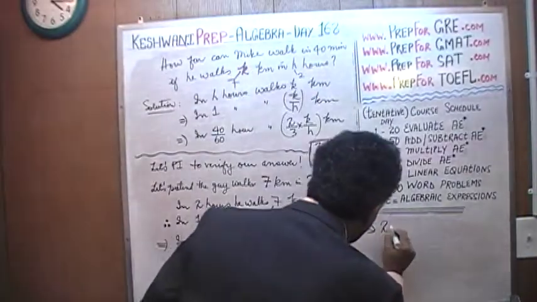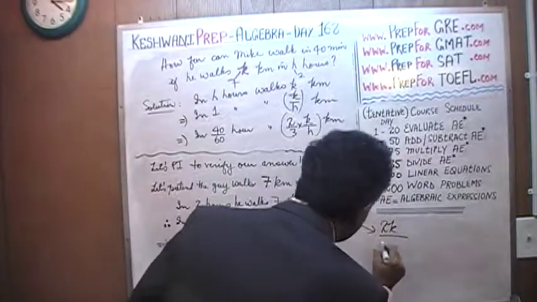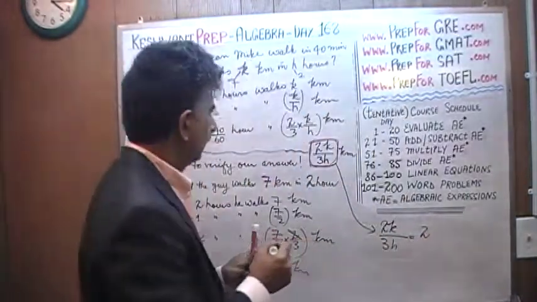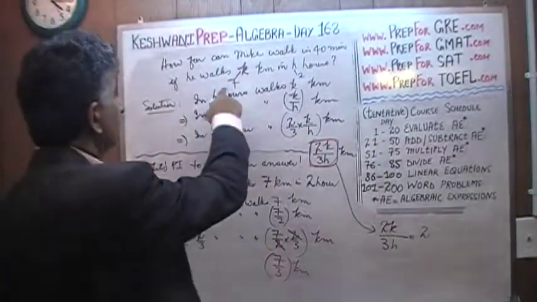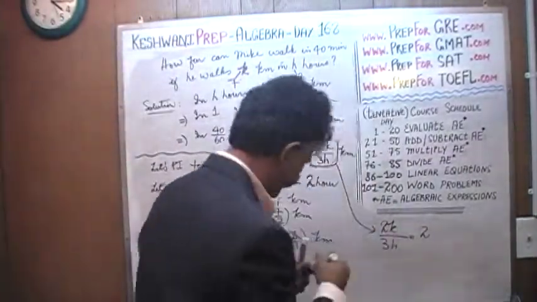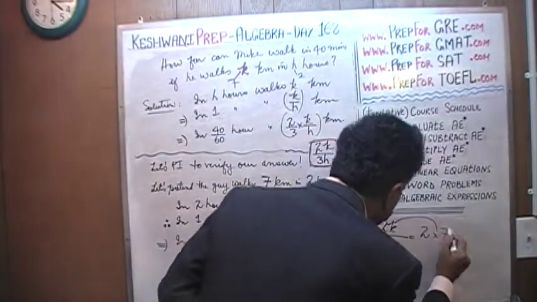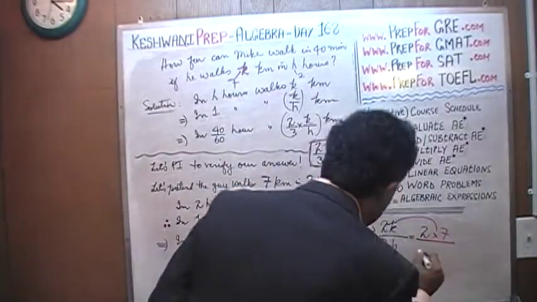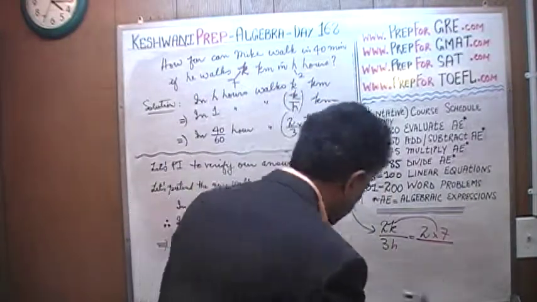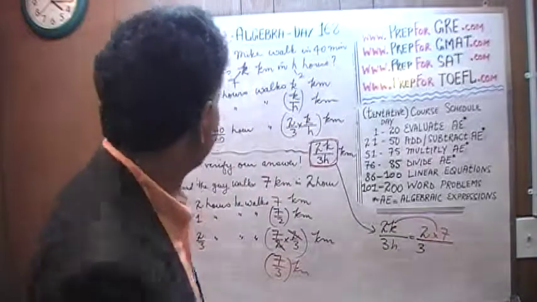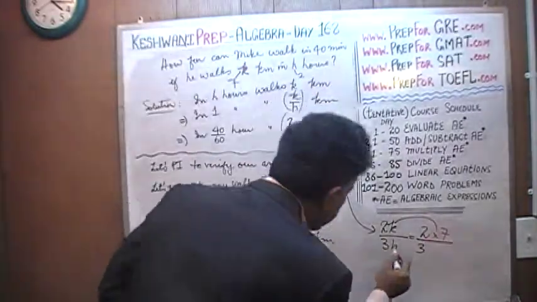2k over 3h. 2k, k was 7, over 3h, which is 2.